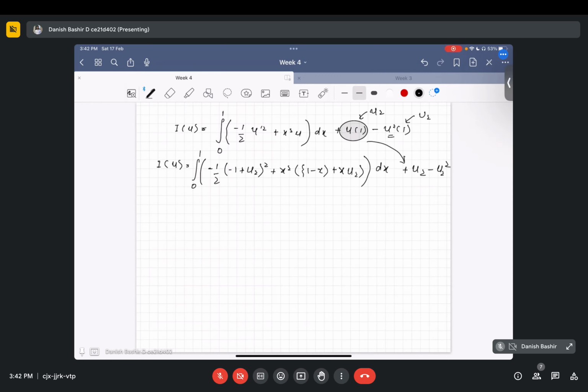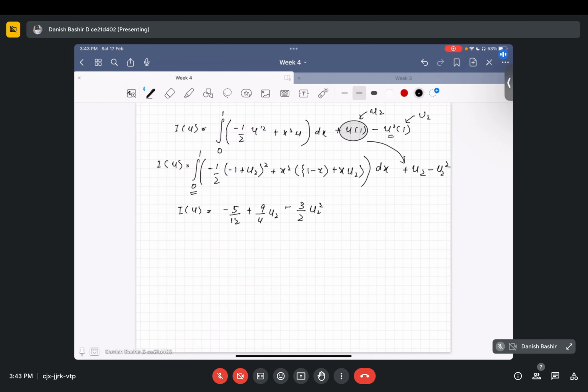If you carry out this whole integration, because there is only one parameter x, you first integrate and put x equals 0 and x equals 1. Your functional will boil down to I of u equal to minus 5 by 12 plus 9 by 4 u2 minus 3 by 2 u2 square.